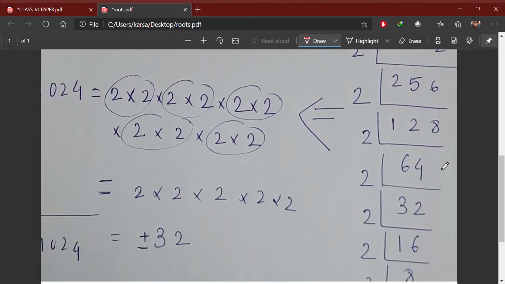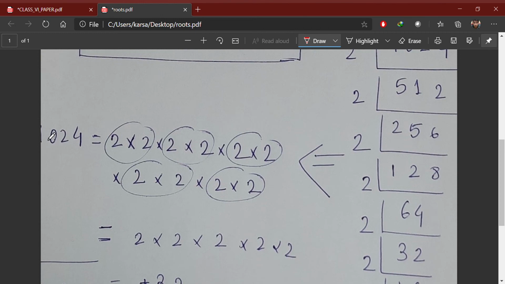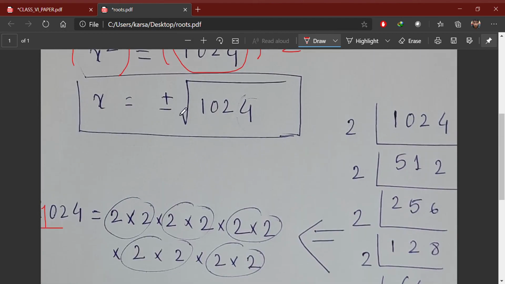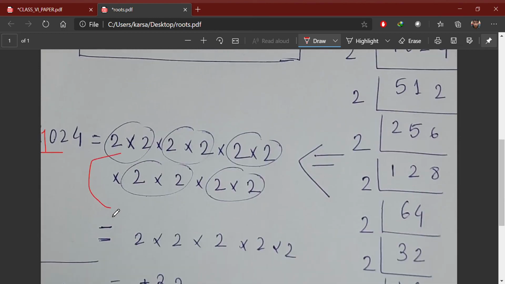like 1024, 512, 256, 128, 64, 32, 16, 8, 4 and 2. So we can write 1024 is equal to 2 into 2 into 2 and so on, like 10 twos are there. When we are finding the root, out of each pair of 2s we need to select 1.